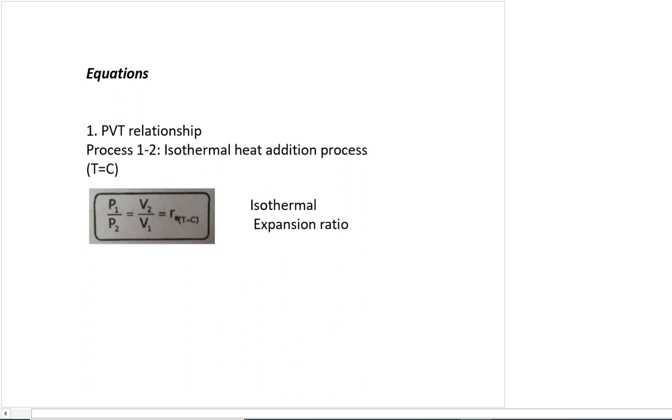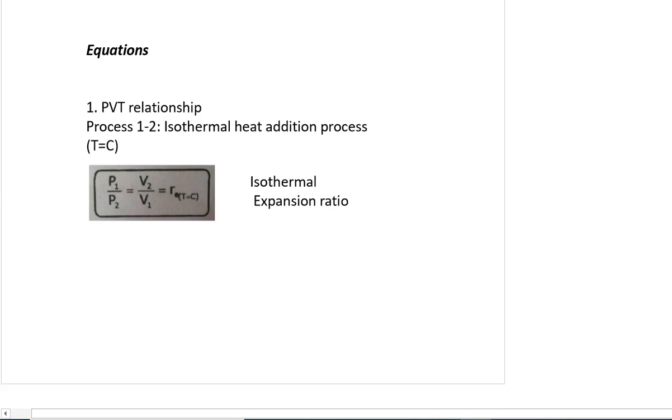P1 V1 over T1 yan, P2 V2 over T2 yan. So, ganito po yung equation niya kasi constant temperature nga.